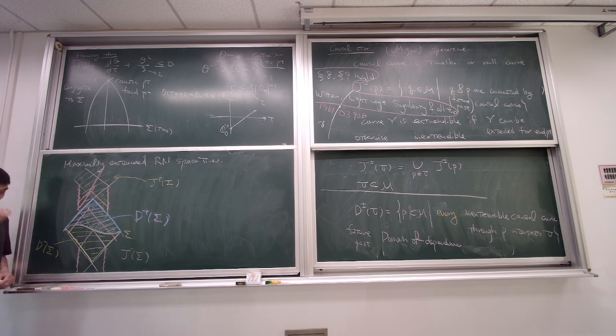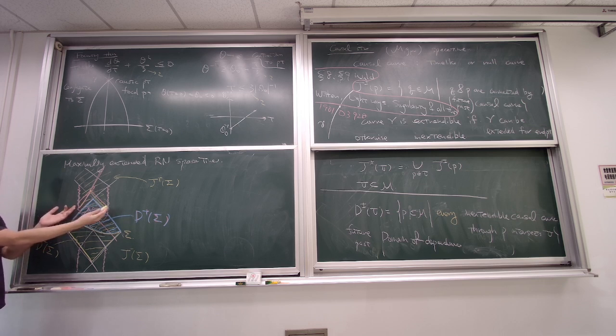Dependence means that this point is somehow influenced by sigma. That's why it's called the future domain of dependence. But point P here receives some influence from something other than sigma. A time-like curve like this will intersect P, but this time-like curve never intersects sigma.